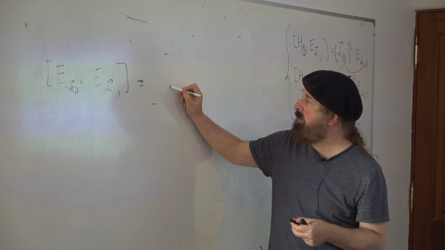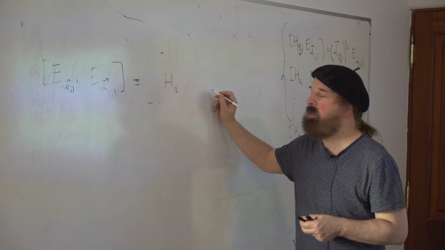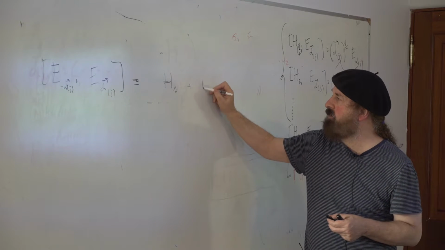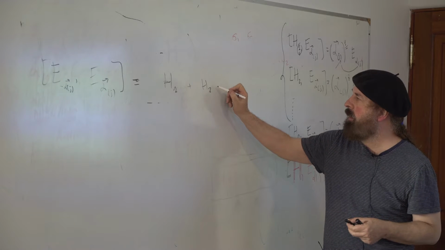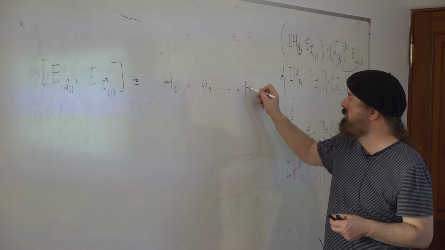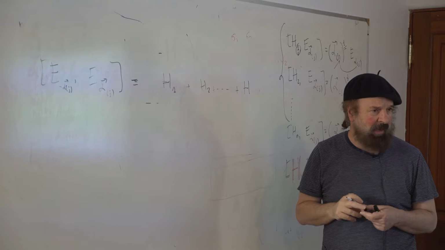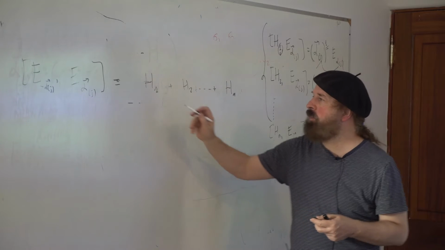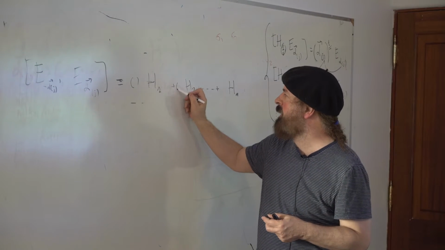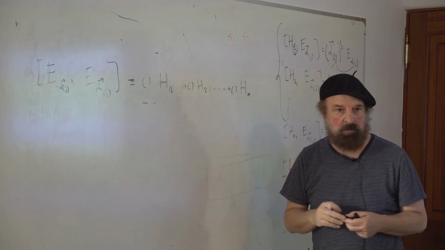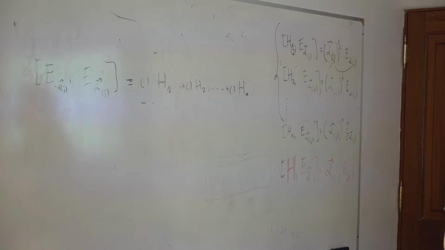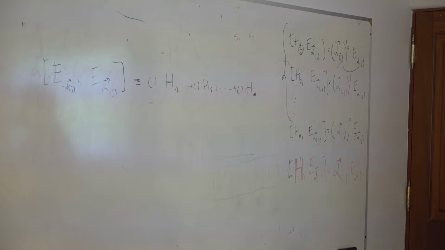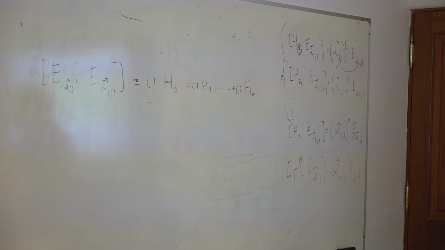So I'm going to have Cartan basis generator number 1, Cartan basis generator number 2, and so on up to the rank of the algebra, which is little n. Now I need to know what these coefficients are. Those coefficients are nothing else but the components of your root vector associated with the root number j.